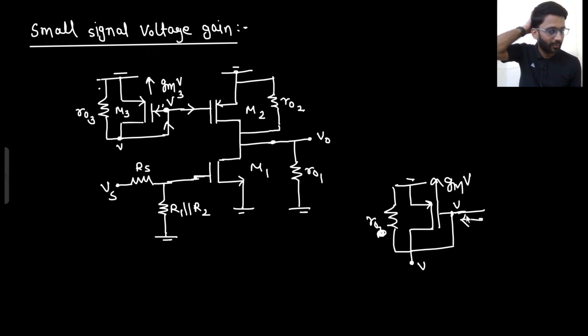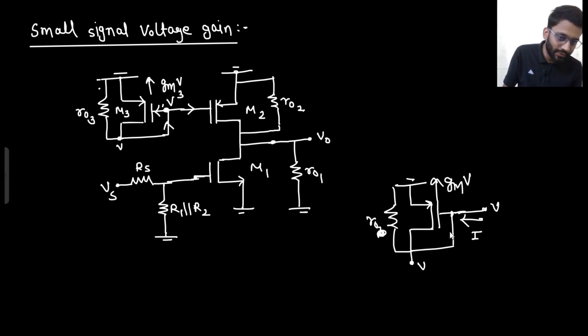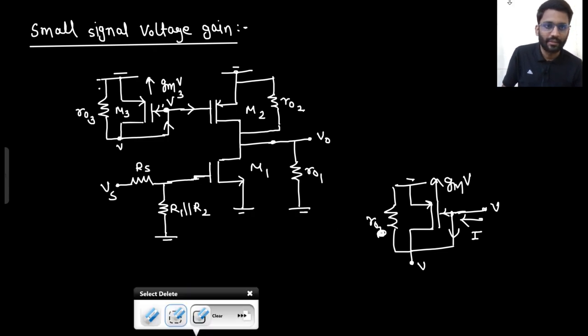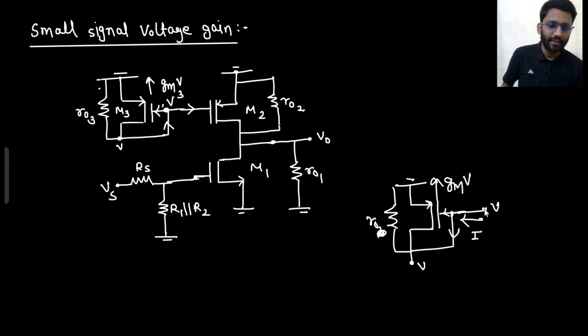Let's assume this is V potential, then what is the current here? That is I. So if this is V potential, this is the current I. Just a second. So what I was saying, from V to ground you see gmV current, and from V to here you see V by R02 current, right?